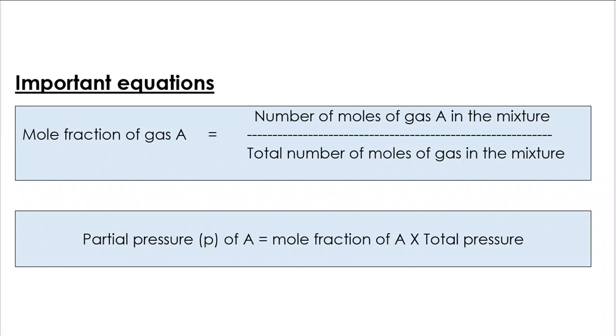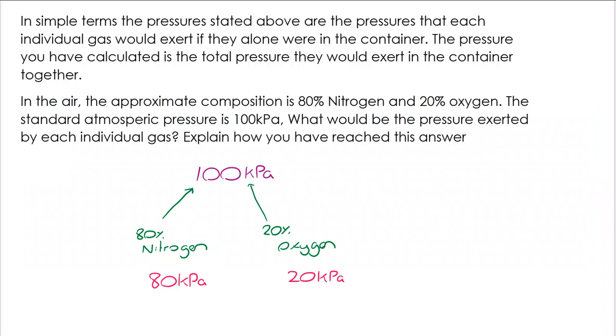Now, from there, we've got the partial pressure, which is the mole fraction. We've just calculated that for nitrogen, 0.8, and we're multiplying it by the total pressure. That's standard pressure, 100 kilopascals, and those two steps take us to the 80 kilopascals pressure that we saw on here.